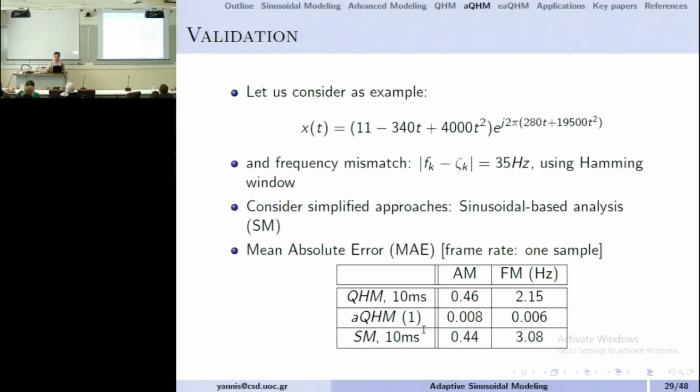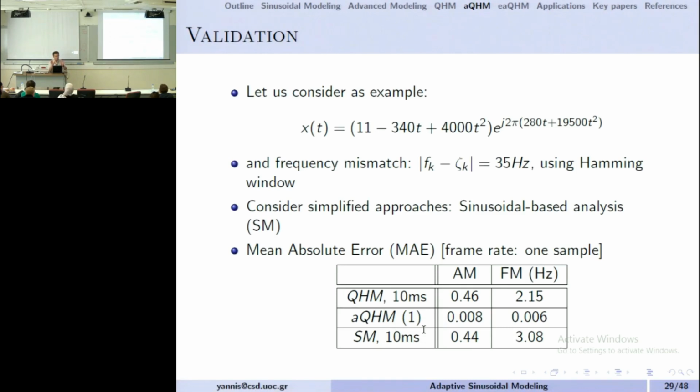Now, of course, someone can say that you use, however, more parameters, while the sinusoidal model does not use so many. But this is not true. Actually, we use more parameters during the analysis stage. So we do all of these estimations of A and B's, etc., and we correct. Once we do that, then we can construct the AM and the FM part.